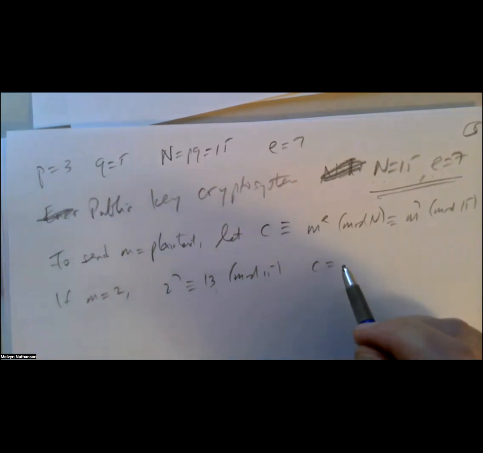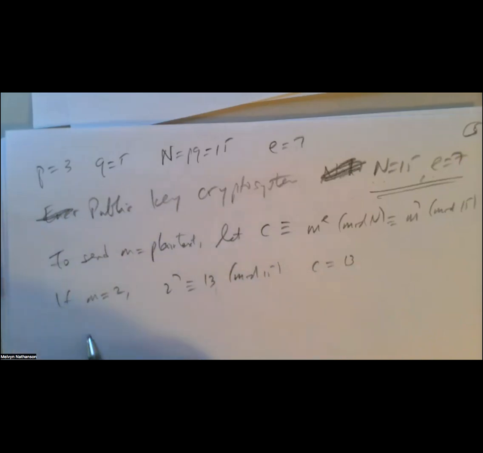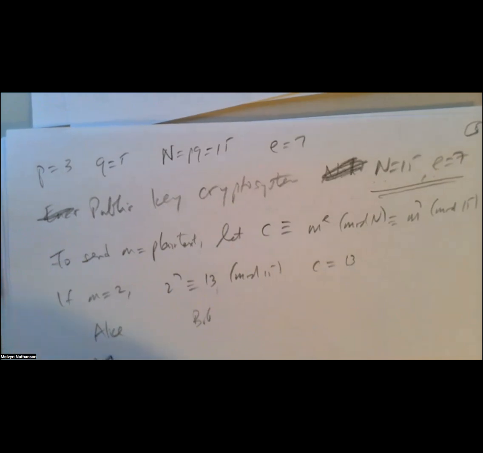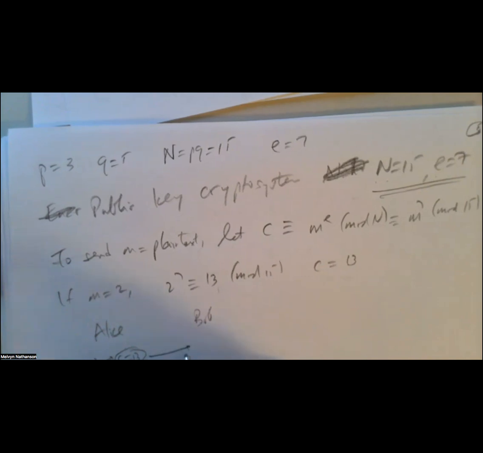So your ciphertext is 13. So here's Alice, here's Bob. Alice's secret message is 2, which she converts into the number C equal to 13, and that's what she transmits. So Bob gets 13. Now, how does Bob decipher this message?